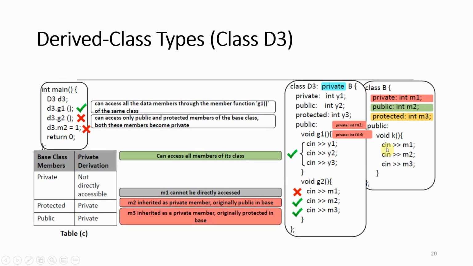Finally, if this is private, again, this is okay. This is not okay. This is not okay. So all of these member variables will become private, right? We have access to M2 and M3 because, if you look at this one, we don't even need to look at the access mode here, right?